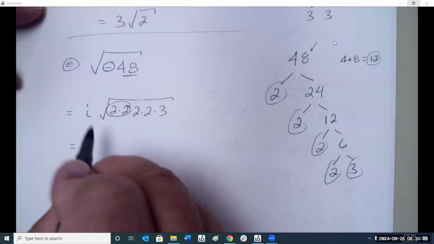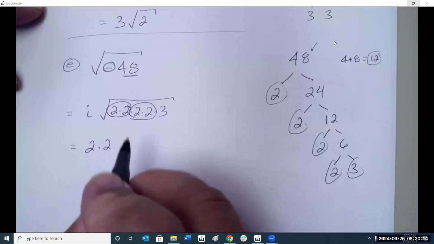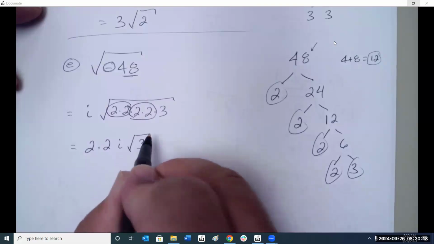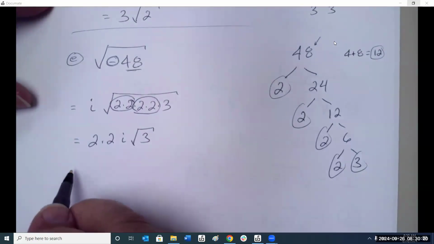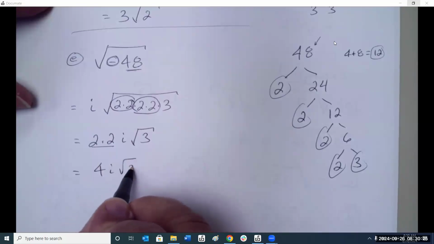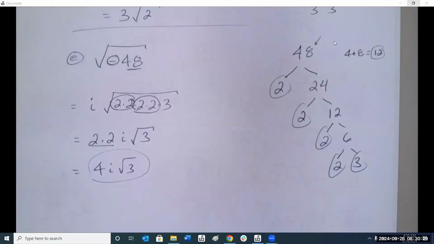Here's a pair, so that goes out in front. Here's a pair, that goes out in front. All we have left inside the radical is 3. 2 times 2 is 4, i radical 3. Getting easier?